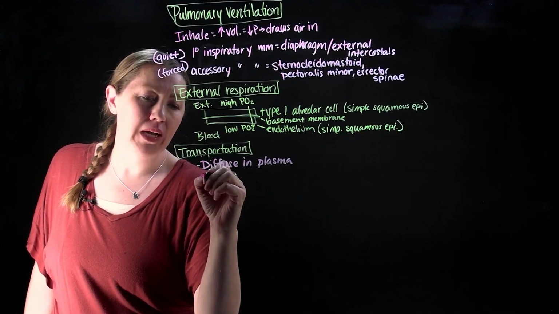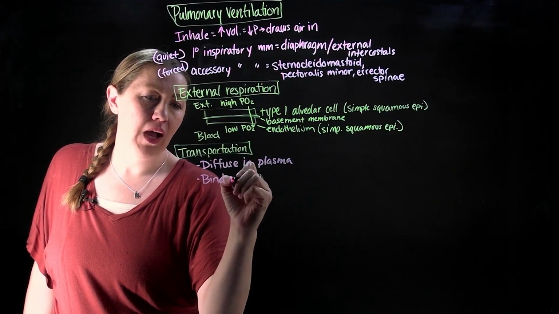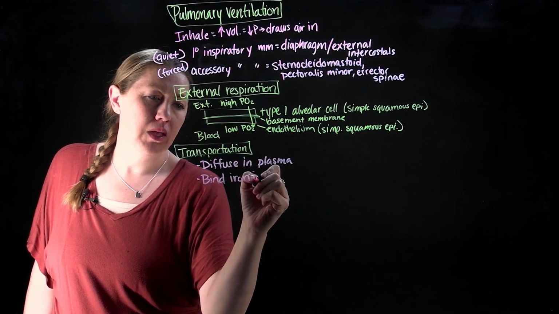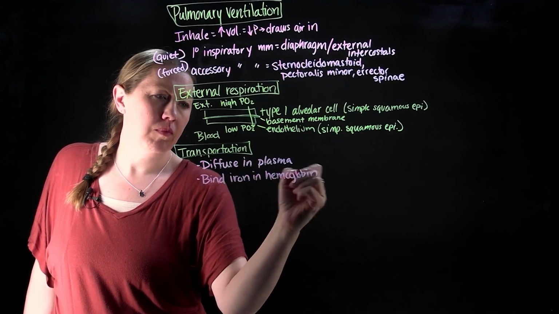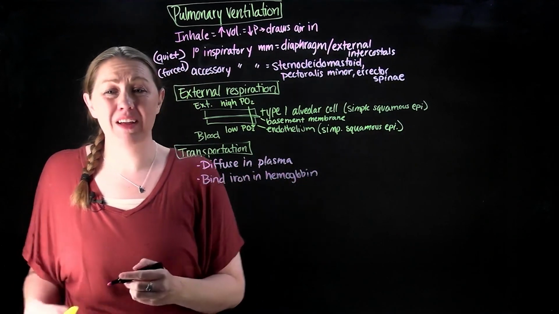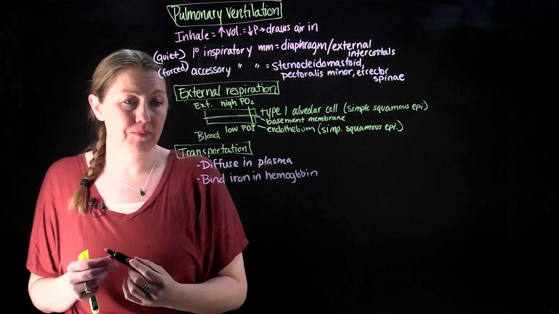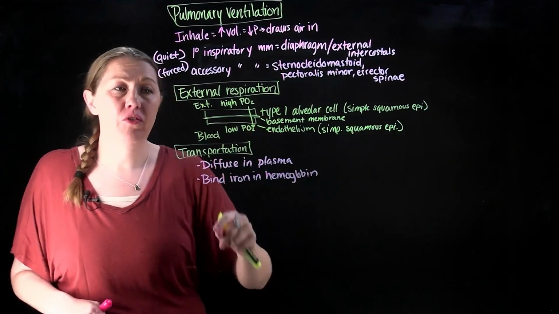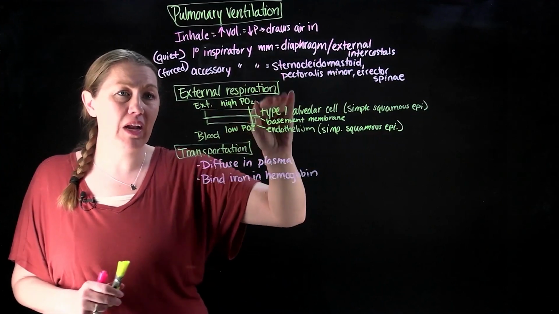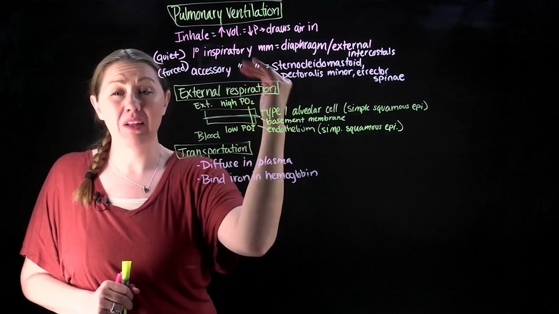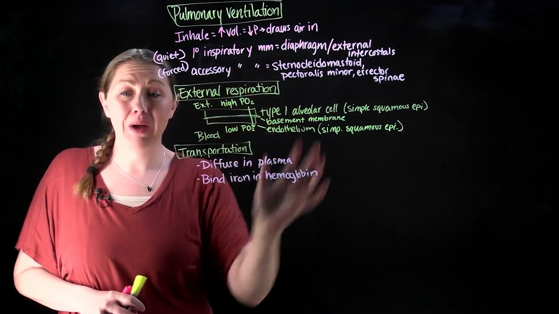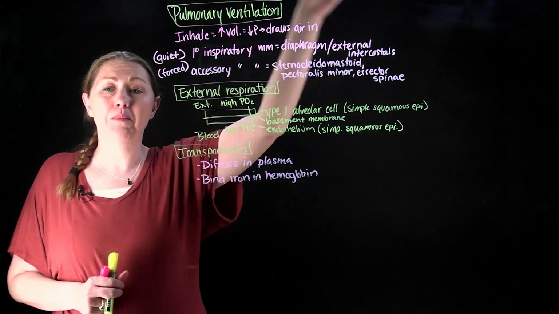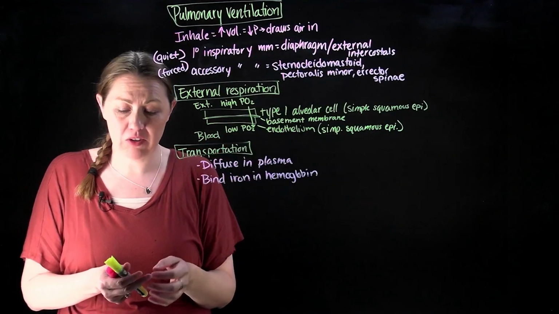Most of it will bind to the iron in hemoglobin, which, if you remember, is the protein inside of a red blood cell that holds gases. All right, so then we're going to travel. Remember, this external respiration is the exchange between the lungs and the blood. We have to go back to the heart and then get pumped from the heart back out to the tissues that you want to deliver that oxygen to.